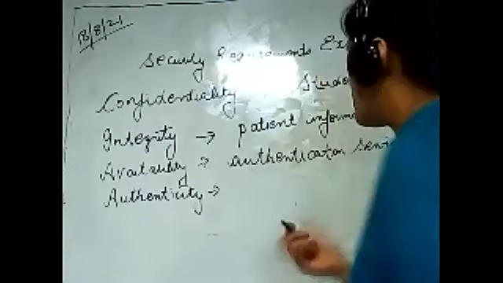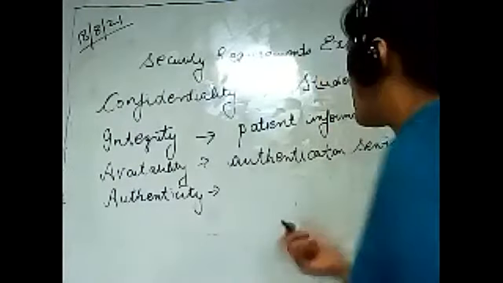The main three key terms that we require in security are confidentiality, integrity, and availability. Apart from these three terms, we have authenticity and non-repudiation also, which are required in your information system.